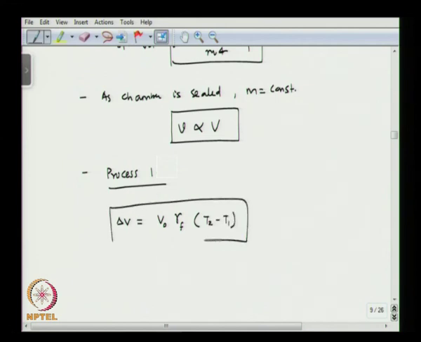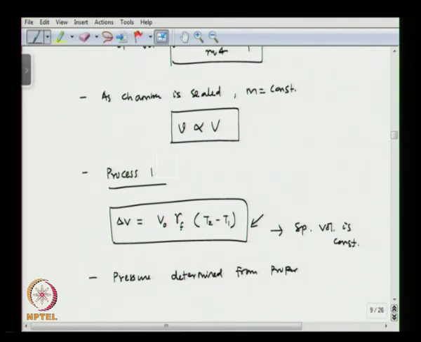If the valve is closed, the specific volume is going to be constant. And the pressure will be determined from the properties of the compressed liquid.